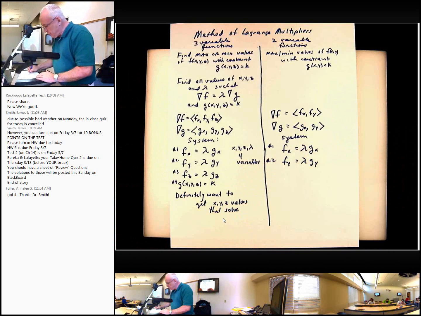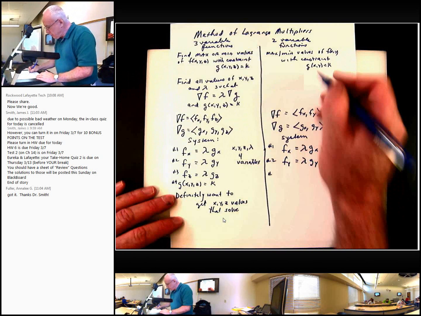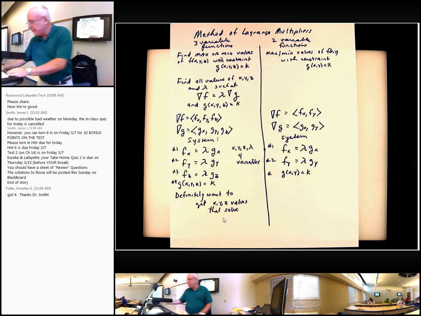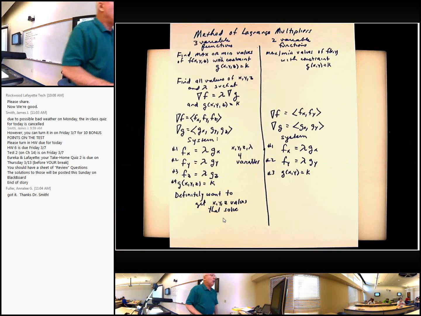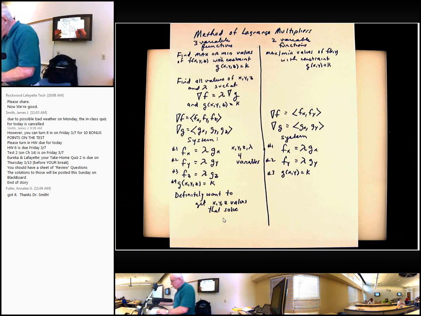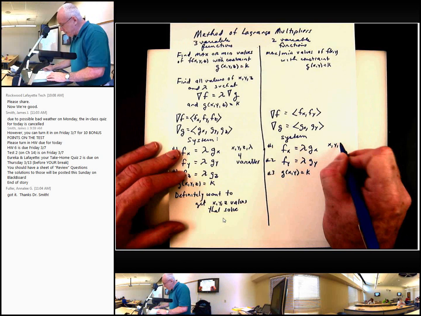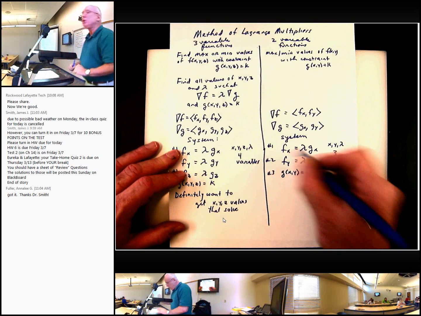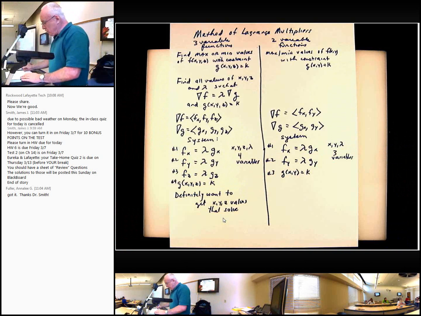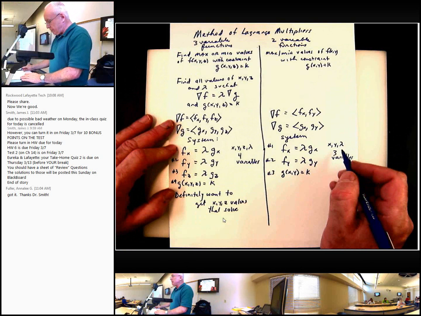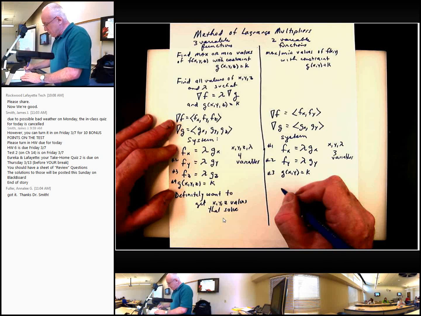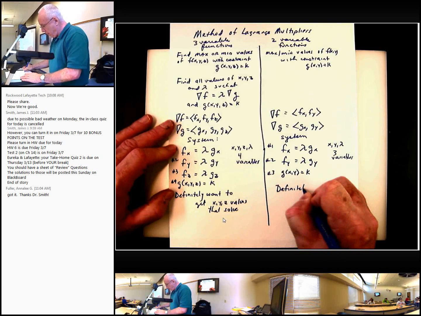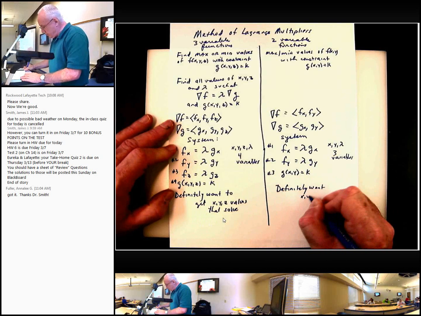And the 3rd equation is our constraint, g of x, y has to equal k. That has to be satisfied also. So with this one, we have 3 variables, x, y, and lambda, and 3 equations. We don't necessarily have to get the lambda value, but we definitely want the x and y values that solve it.